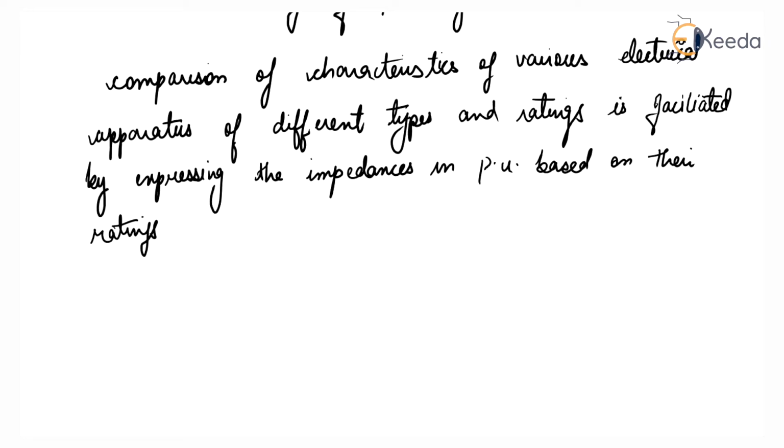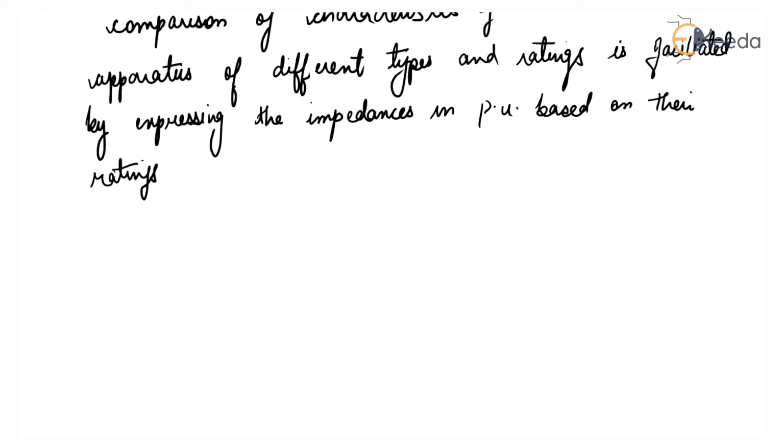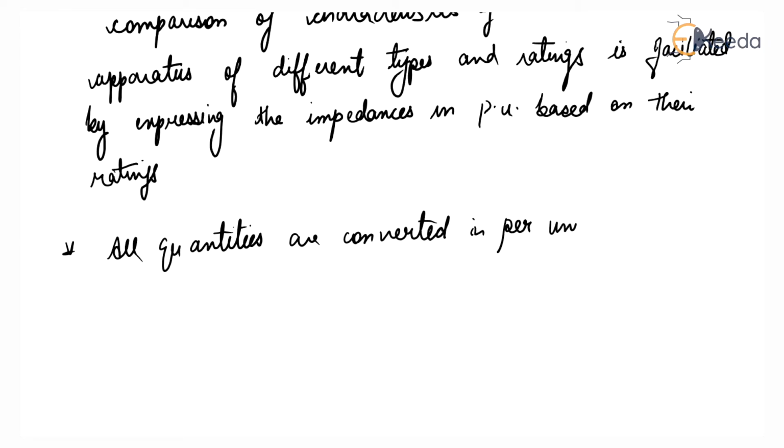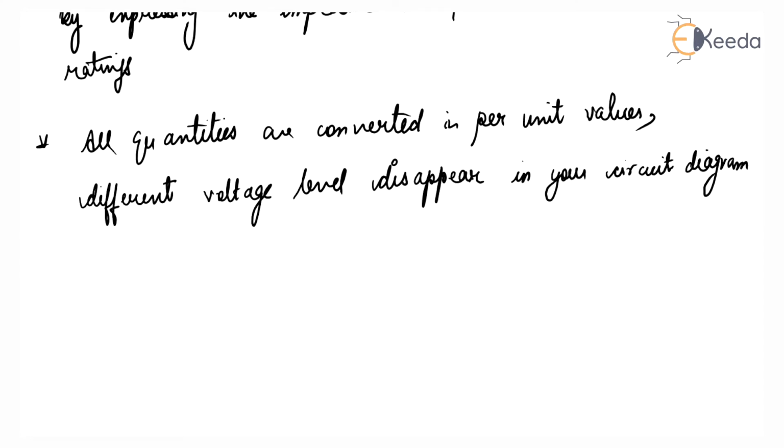When all quantities are converted into per unit values, the different voltage levels disappear in your circuit diagram, and a power network involving synchronous generators, transformers and lines reduces to a system of simple impedances.